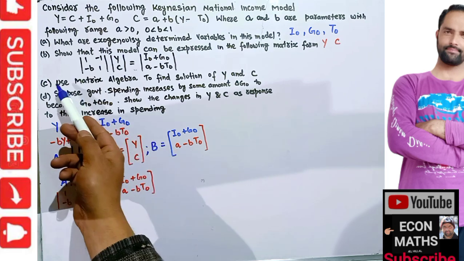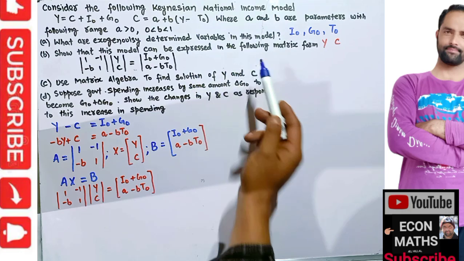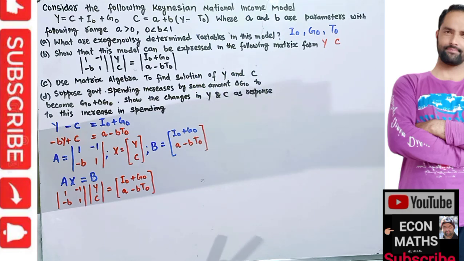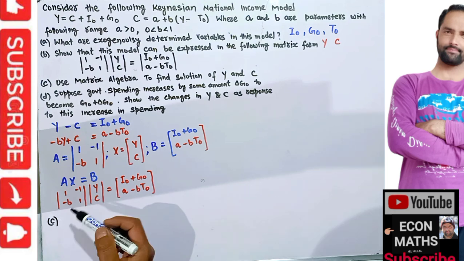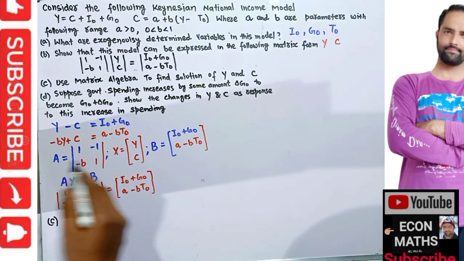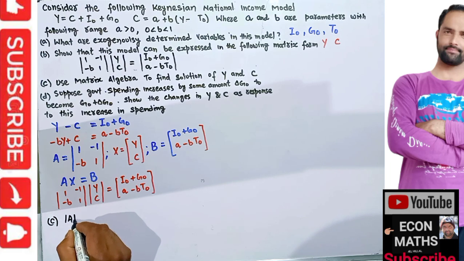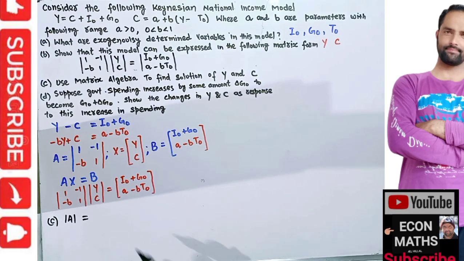Now the third part tells us to use matrix algebra to find the solution of y and c. This is our c part. First, we need to find the determinant of the coefficient matrix. This A is equal to this. How do we find the determinant?